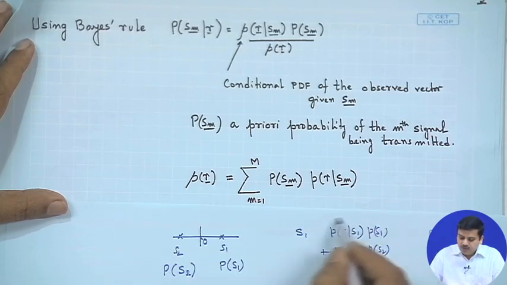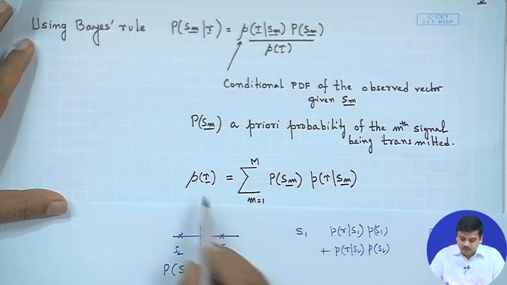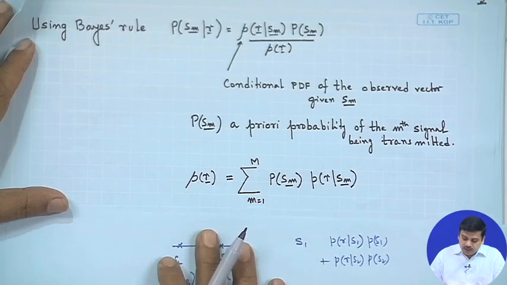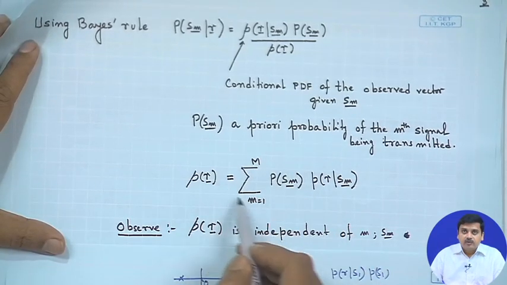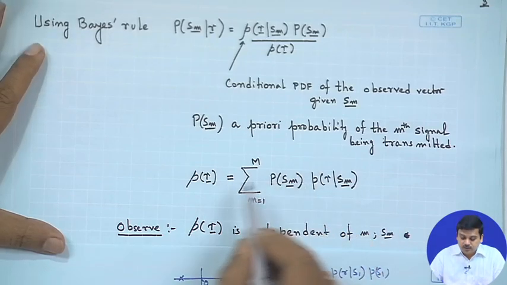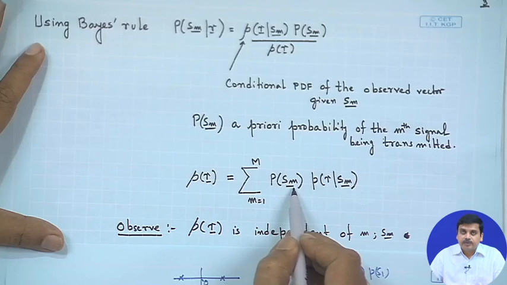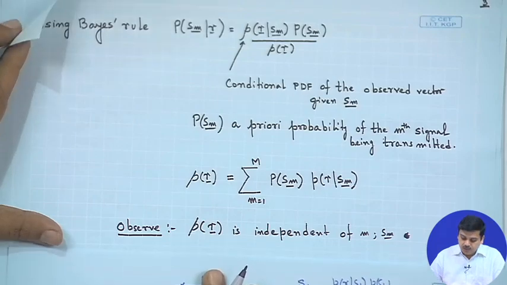That means you have averaged it over all possible transmitted signals. So, that is P of R. You could also see that P of R is independent of Sm, because you have already averaged over all possible Sm. P of R is not dependent on Sm, it is just the probability of observing a particular output.